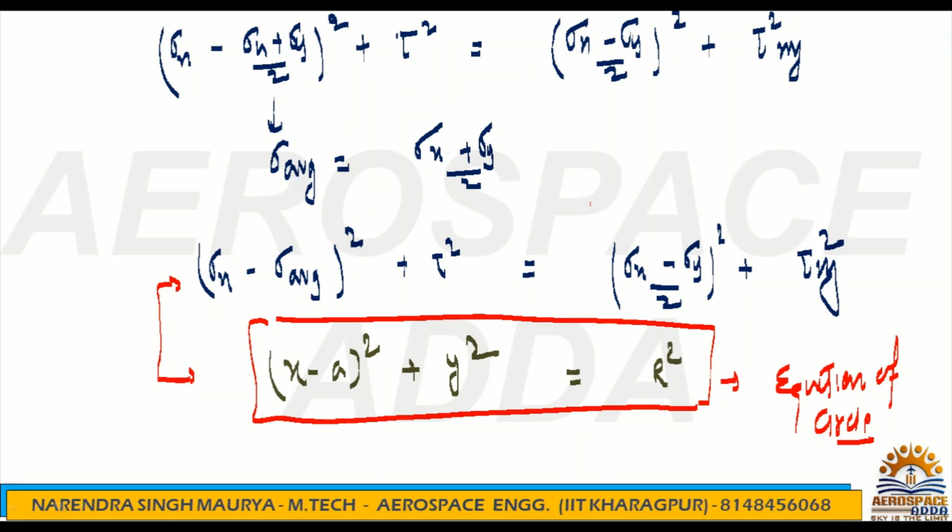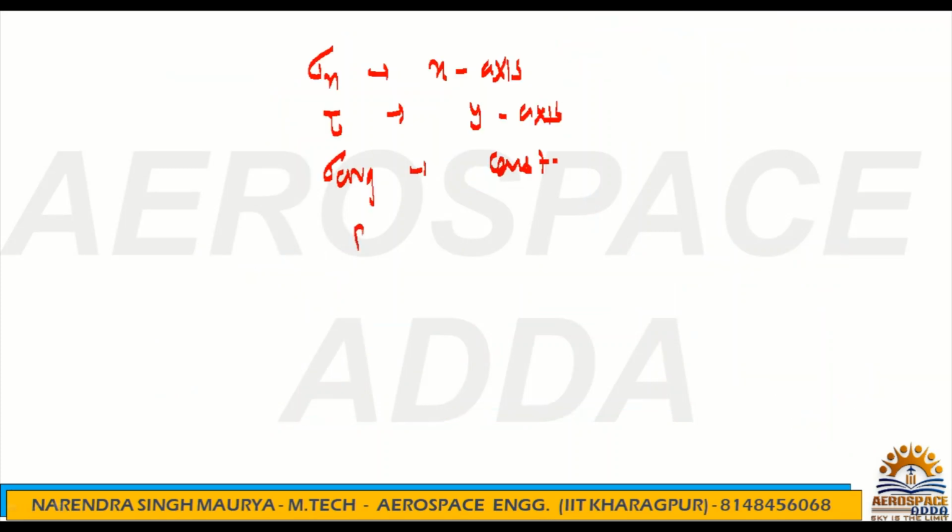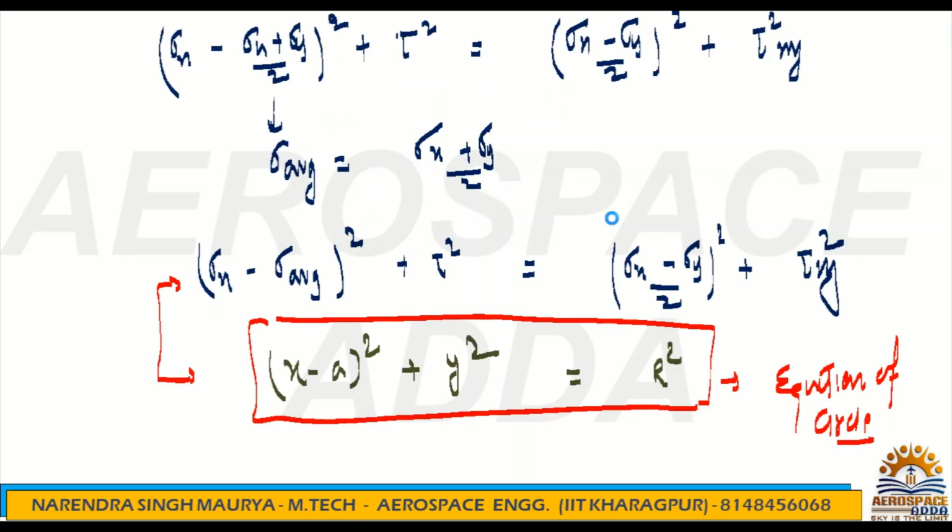And if you see, r is nothing but the radius. If you compare, r² is equal to ((σx − σy)/2) whole square plus τxy².